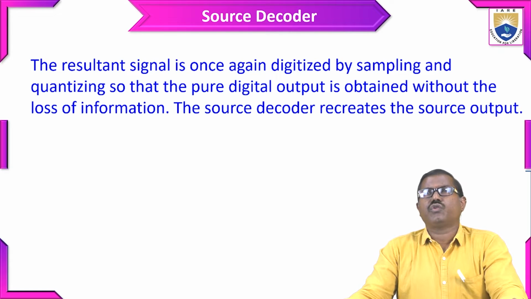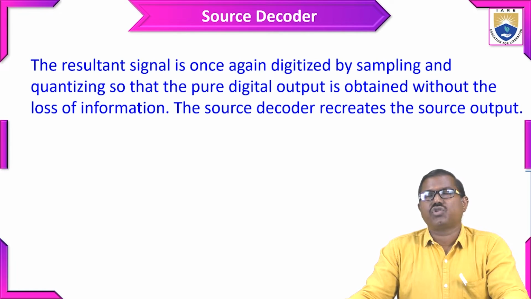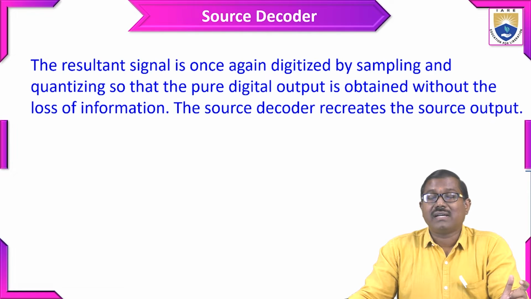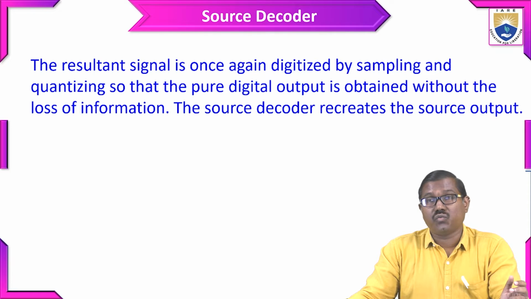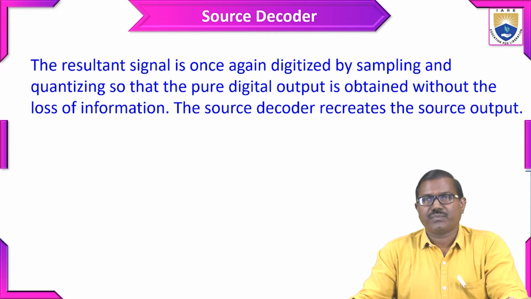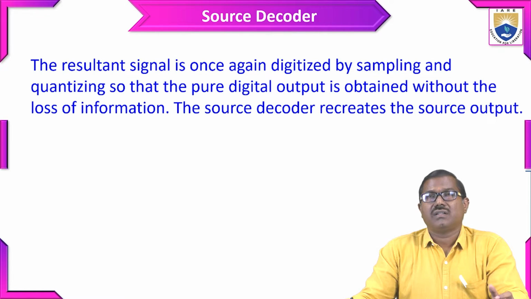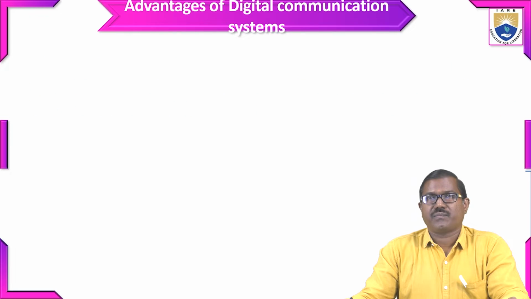The source decoder recreates the source output, so the output of the source decoder is the same information the original source sent, as the user requires. So these are the elements of a digital communication system.